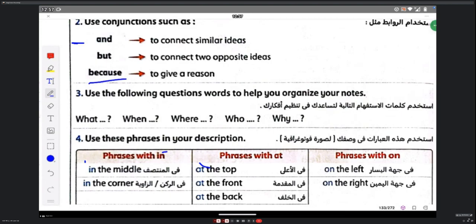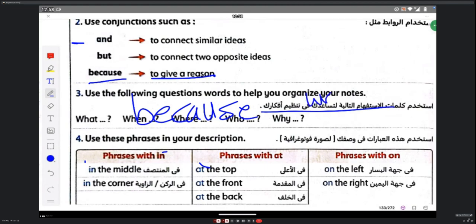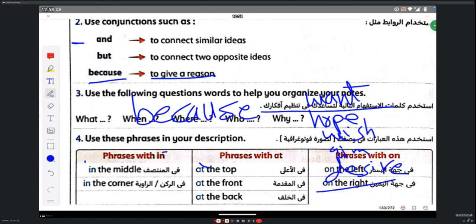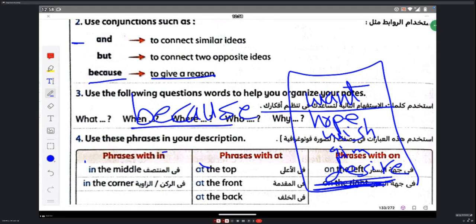Because with reason is followed by reason. Because for purpose is followed by a sentence, but this sentence has one of these words: want, hope, wish, aim, desire. These words in the because sentence make this a purpose, not a reason.